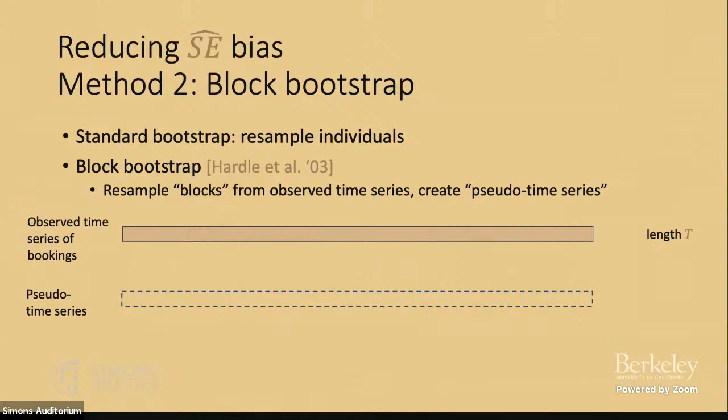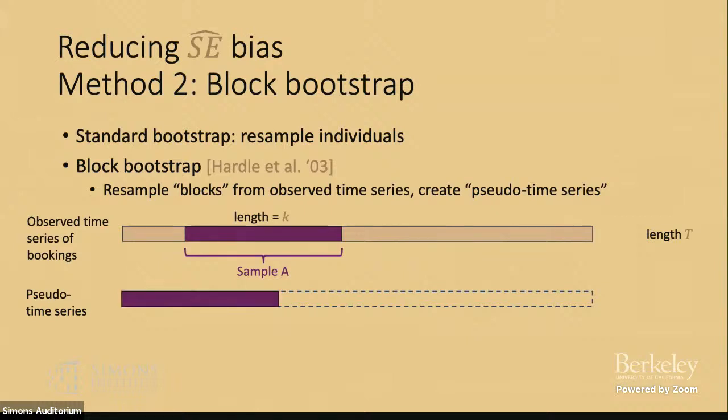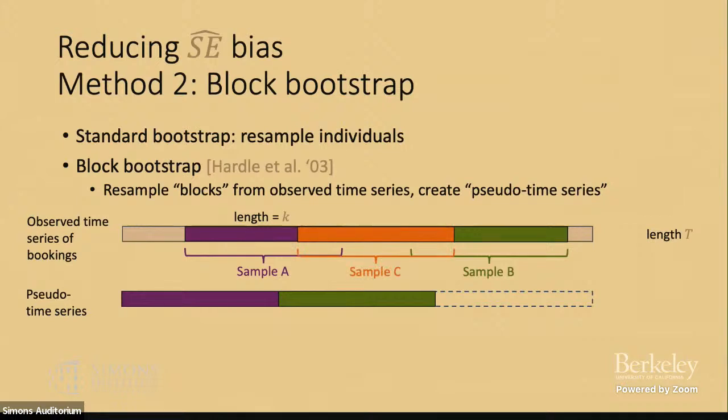From the observed time series, we sample a block of some fixed length k, append that to our pseudo time series, then sample another block, append that, and keep doing this until we get a new pseudo time series of the same length as the original.